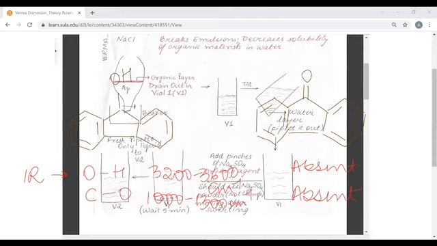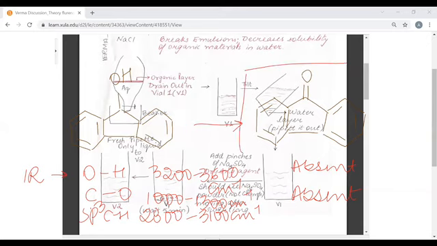You will also have sp3 CH peaks between 2800 and 3100. Note that for fluorenol and formation of its fluorenone, we do not have any sp3 carbon hydrogen peaks in the product.